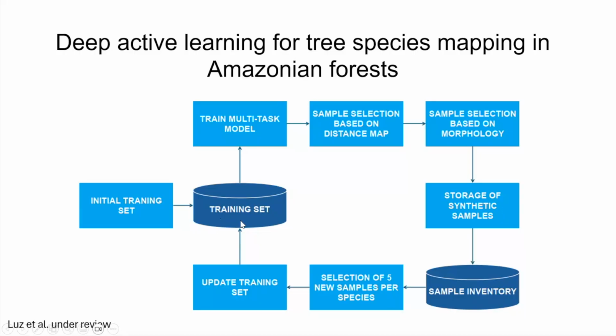Here we implemented an active learning method in which the method was first trained with a reference database, and then we performed some morphological operations to delineate the tree crowns, and we trained the classification method, using new samples that were learned by the model.